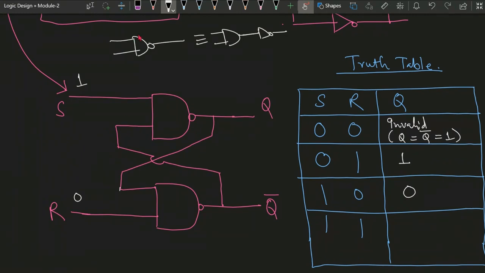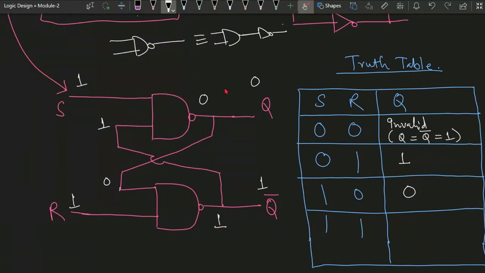Next we will be considering when both the inputs are 1 and 1. If both the inputs are 1 and 1, at that time we will check if Q is 0, Q bar is 1. If it is 0, it is coming out to be 0, and 1 is coming out to be here. So 1 and 1 will be 1 and then 0. 0 and 1, 0, and then not is 1.